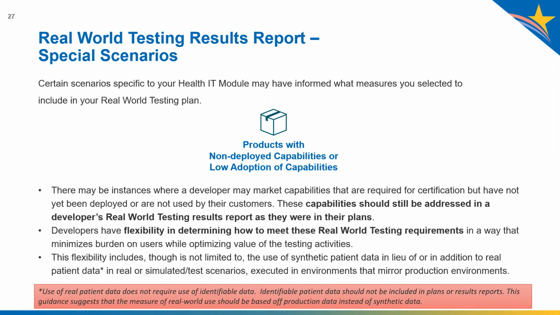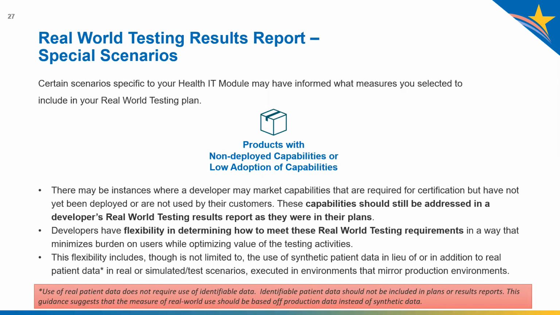And then you tried the simulated test scenarios or environments that mirror production environments. Maybe you tried the use of synthetic data in lieu of patient data, and maybe you just don't believe you got the results that you were looking for that really truly demonstrate successful real world testing. It's okay.